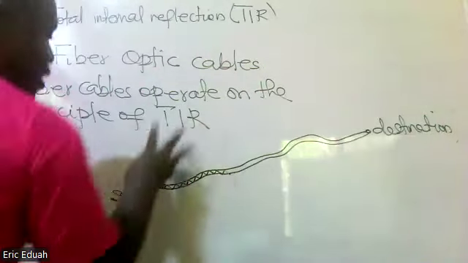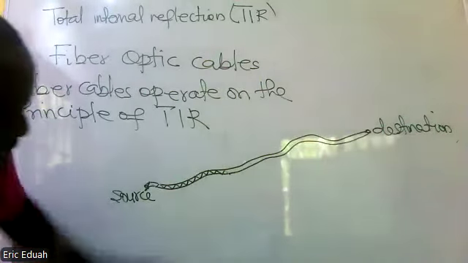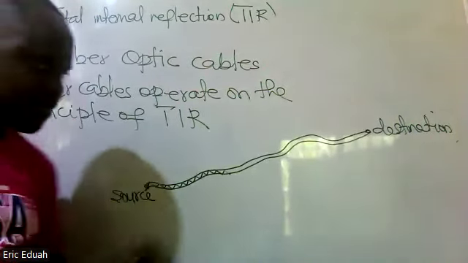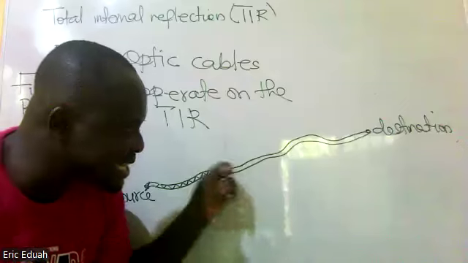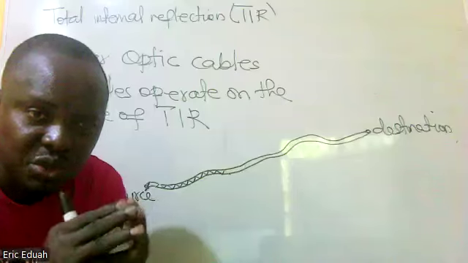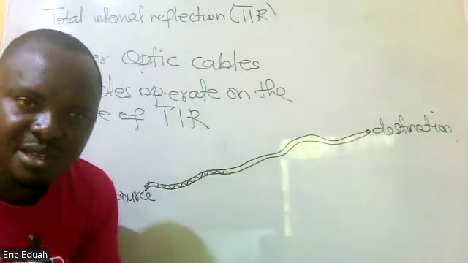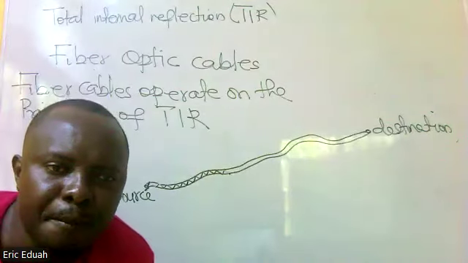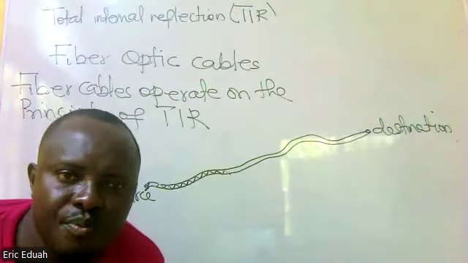Now, so this is how it works. The advantage of this over the copper wire is that the information is bundled in the form of light, so it travels at a very fast pace.